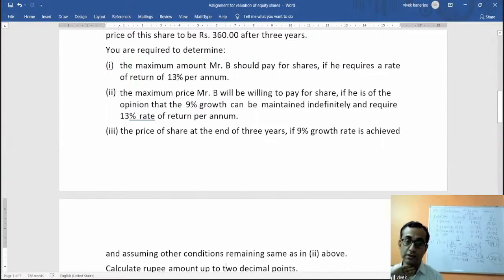That is the end of the super growth rate period, and this is the start of the next. All of the conditions are the same, meaning 9% growth rate, and the formula which will be used is based on this growth rate of 9% being maintained indefinitely or till perpetuity.